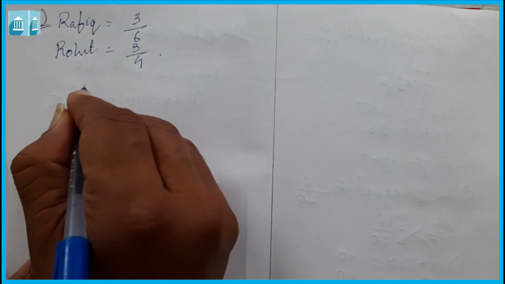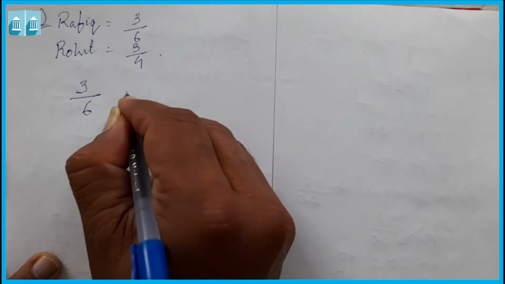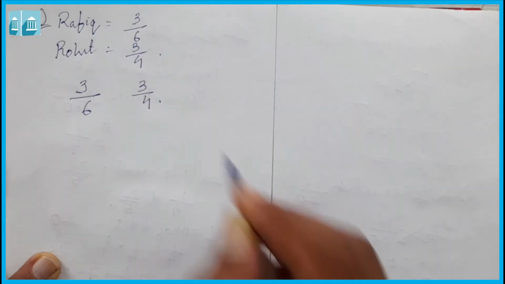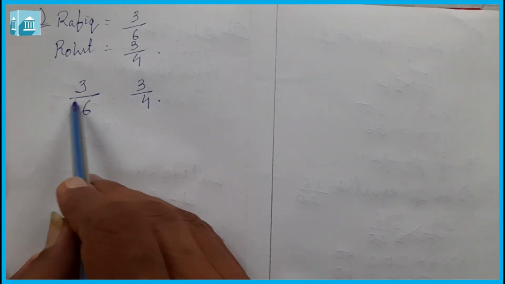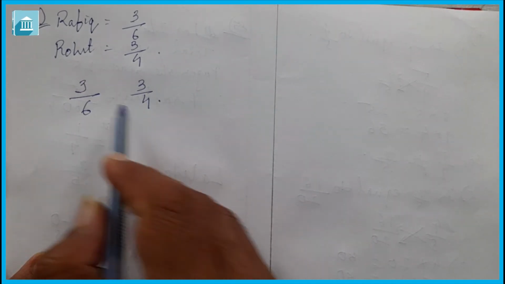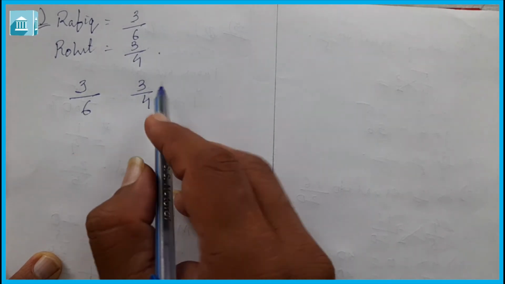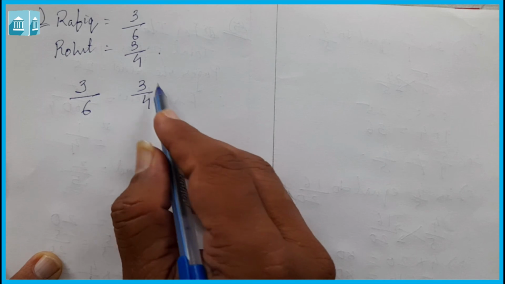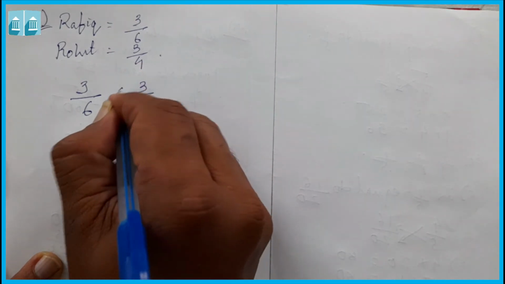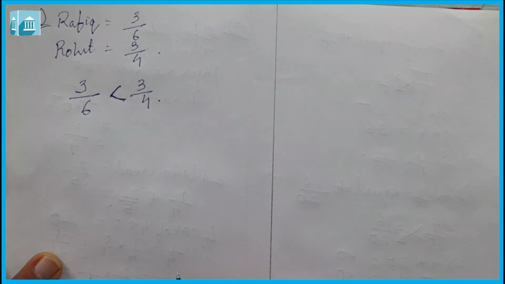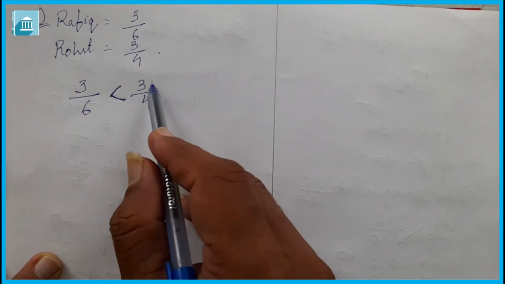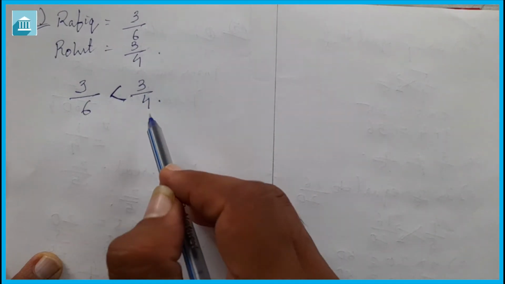So we have to compare both. Here the numerators are the same and the denominators are different. When the numerators are the same, the fraction whose denominator is less is always greater than the fraction whose denominator is more. So 3 by 6 is less than 3 by 4.